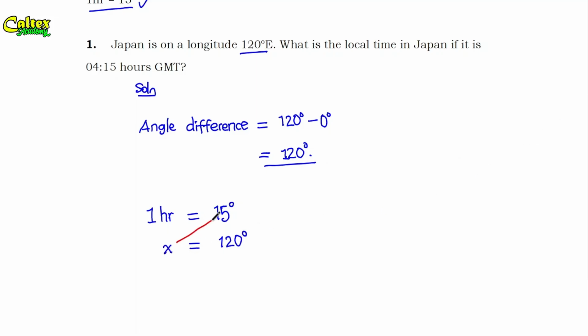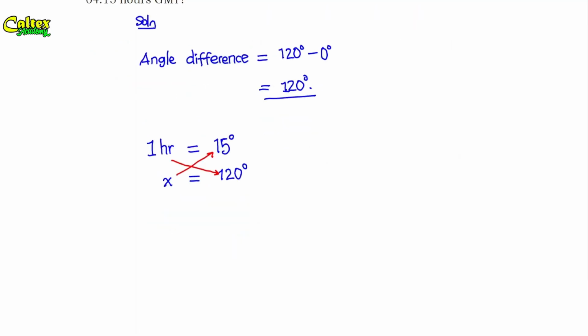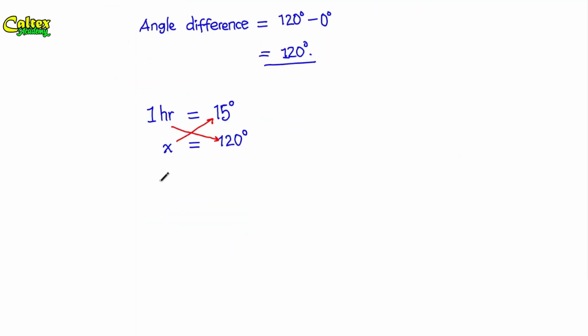So we can cross multiply x with 15 and 1 by 120 degrees. Let's get enough space. When we multiply the two from the left hand side, we get 15x. This must be equivalent to 120. Before we divide both sides, we need to write one more step so that the division will be in its separate step.